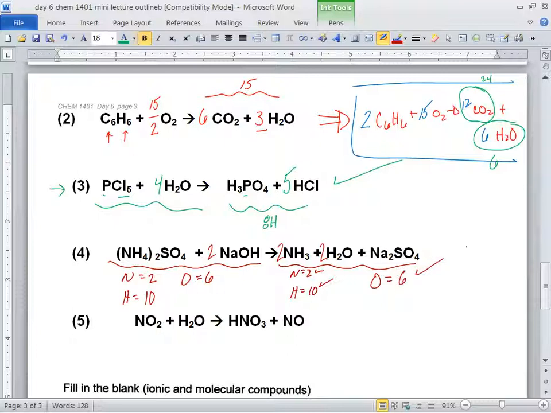And the sodiums, there's 2 on each side. So make sure you can see that on number 4, how we're balancing that. But wouldn't they all just divide out by 2? Oh, it looks like it, but if you didn't have these guys, you're right. But you've got 1s in front of them. Okay. So you can't divide through by 2. You'd end up with fractions. You'd end up with a half here. Okay.